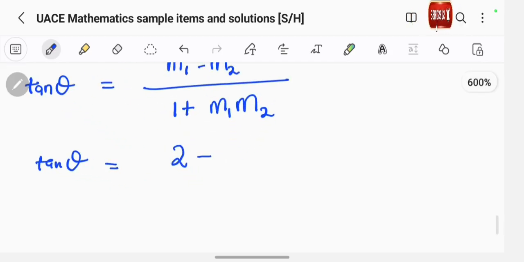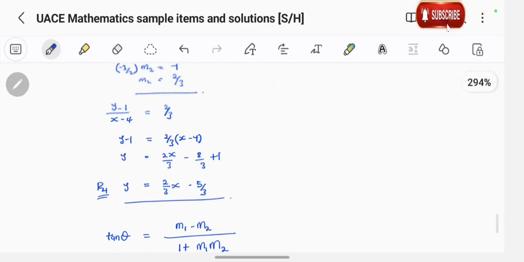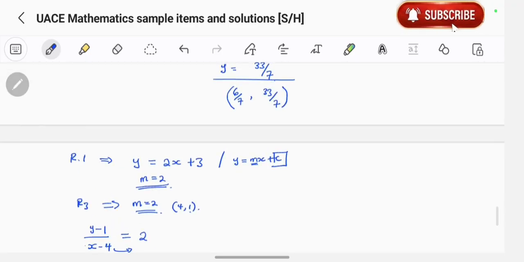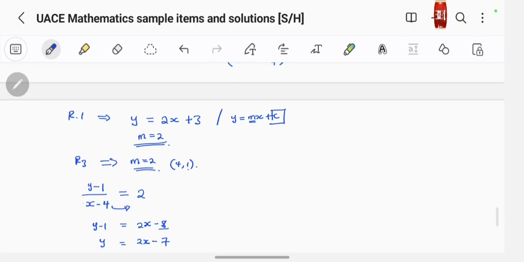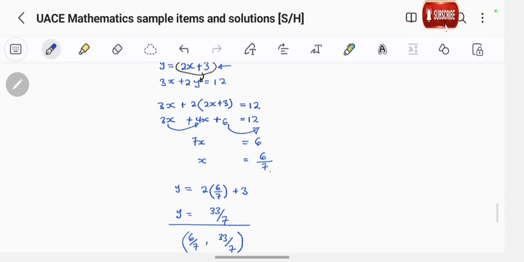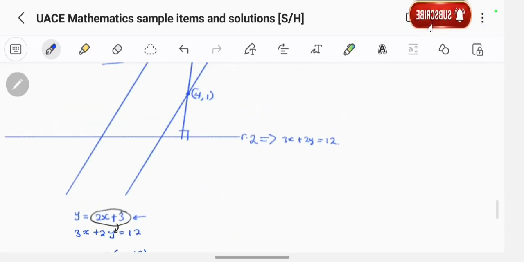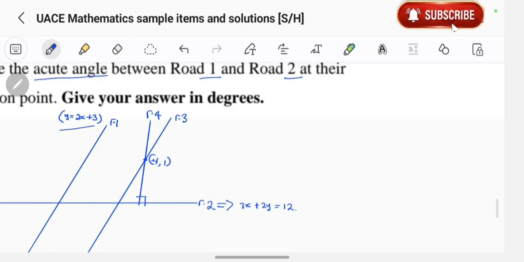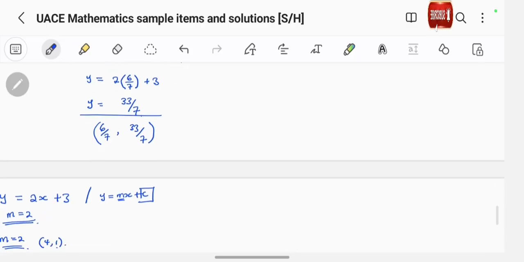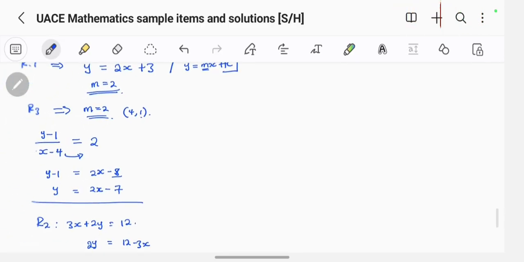minus our m2 for R2. Where is our R2? Our R2 is this one. We saw that it has a gradient of negative 3 out of 2.